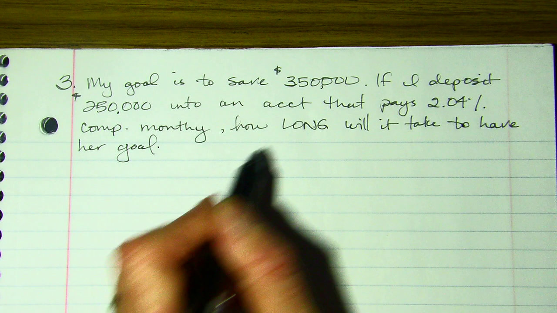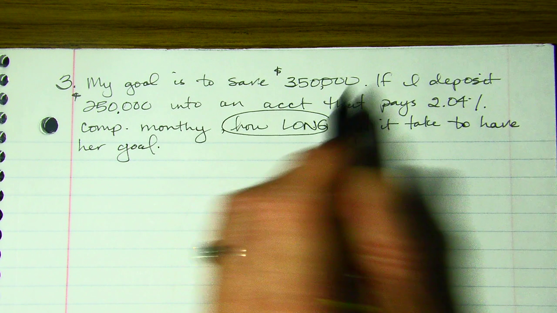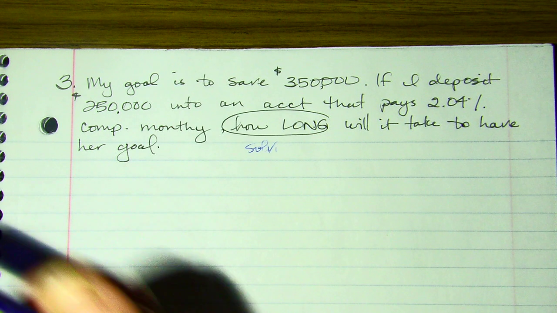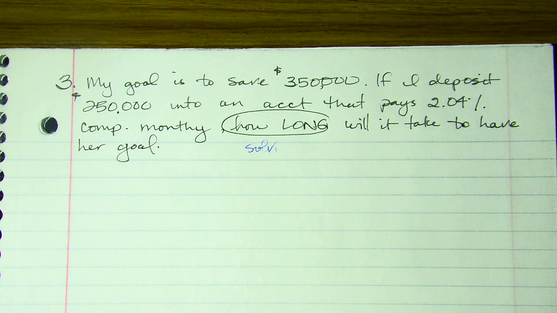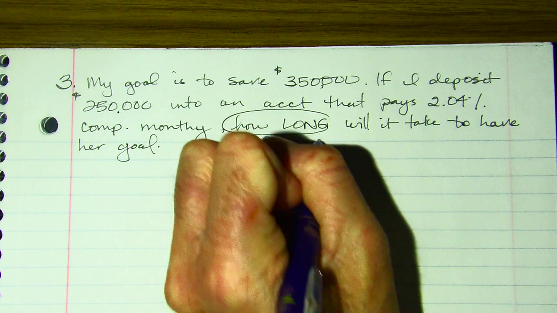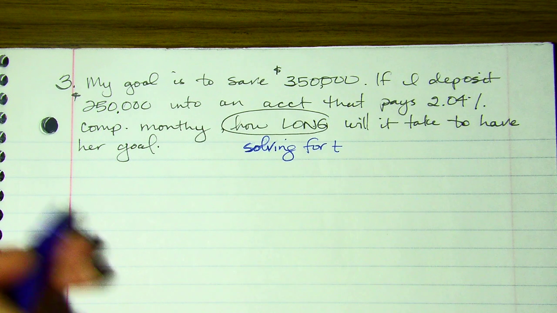So because it's asking how long, that tells me that I'm solving. Oh, my pen. Let me grab another pen really quick, since this pen is dead. So because this says how long, I know that I'm solving for t. So let's set up our problem.